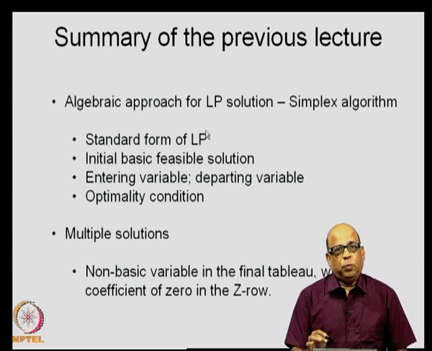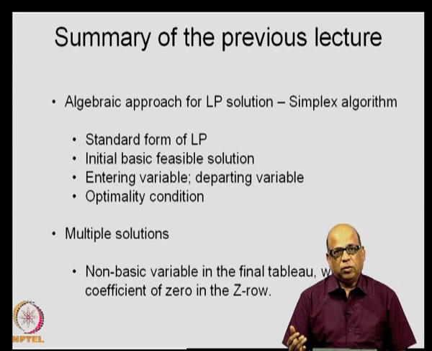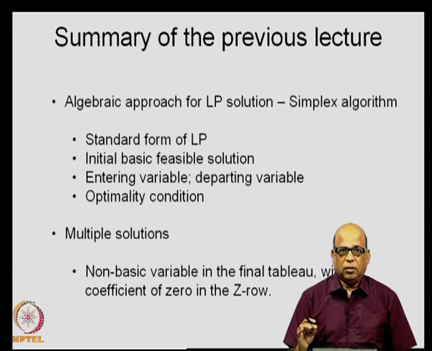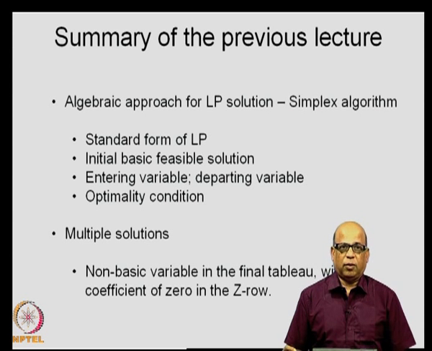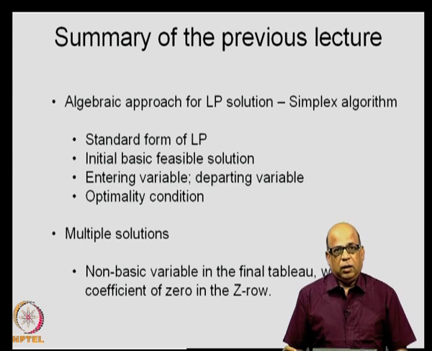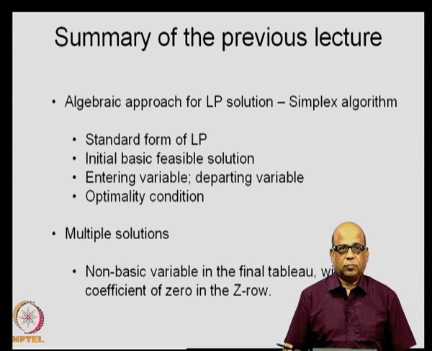We know how to express a given problem in a standard form. If your objective function is minimization type, you express it as maximization by taking the negative of that. Recall that maximize f of x is also equal to minimize minus f of x. Similarly, if your constraints are of the type less than or equal to, you add a slack variable to each of them to make them equality constraints.